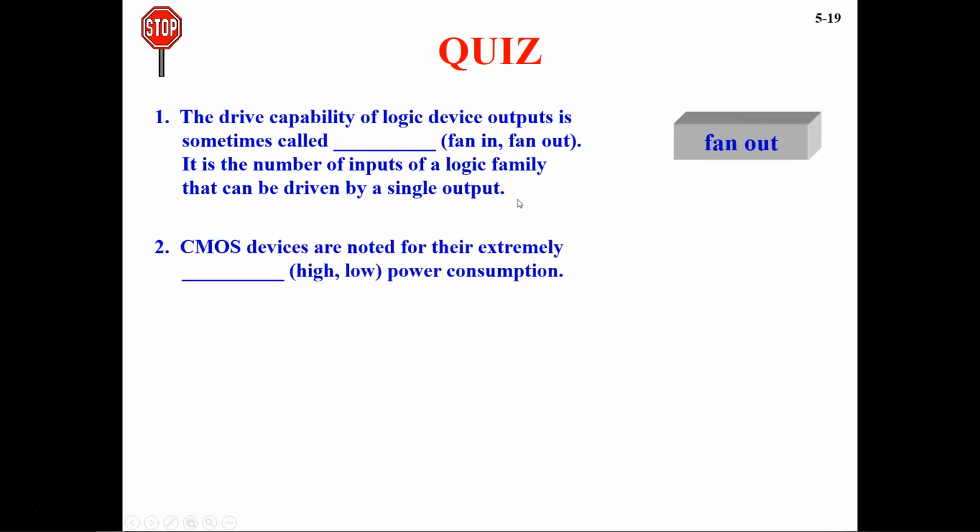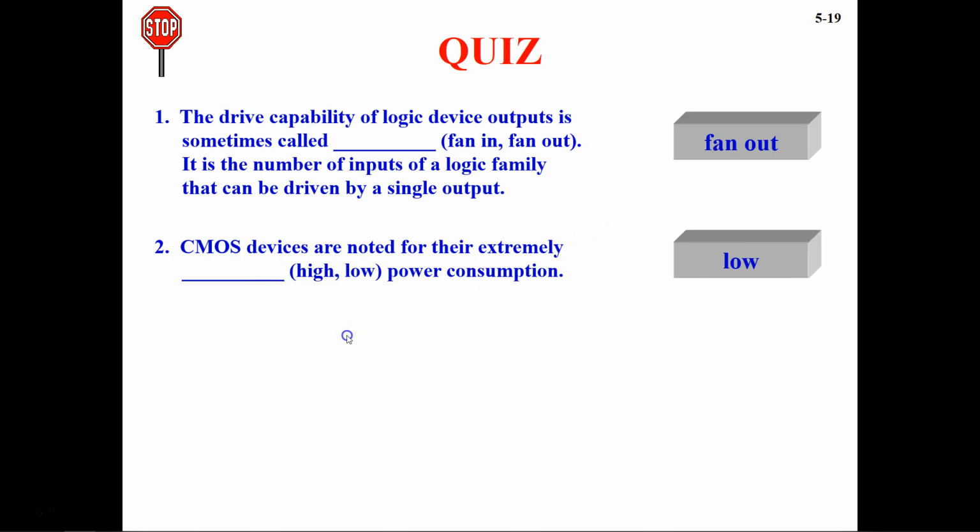And then we have: CMOS devices are noted for their extremely high or low power consumption? This question is similar to the last question we saw on the previous slide. Here we know that CMOS has lower power consumption, so this is going to be low.